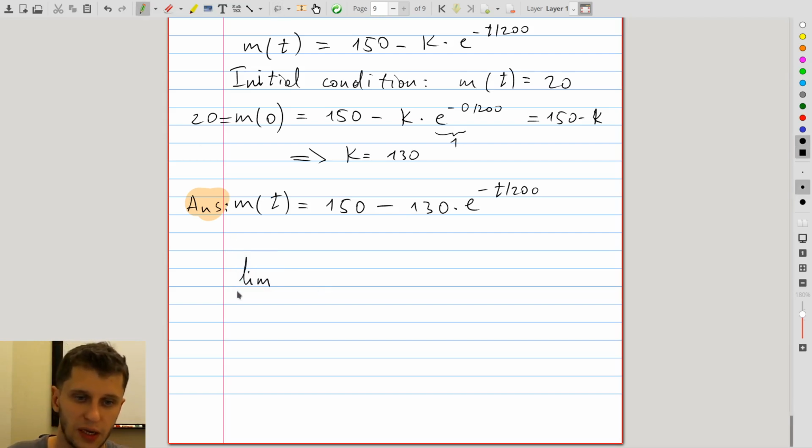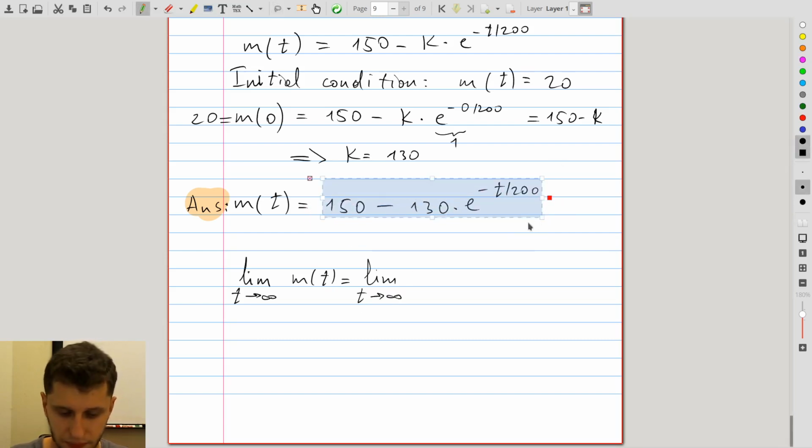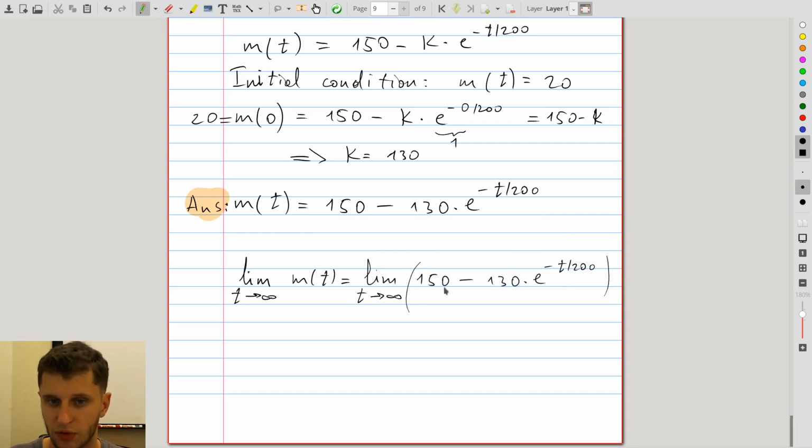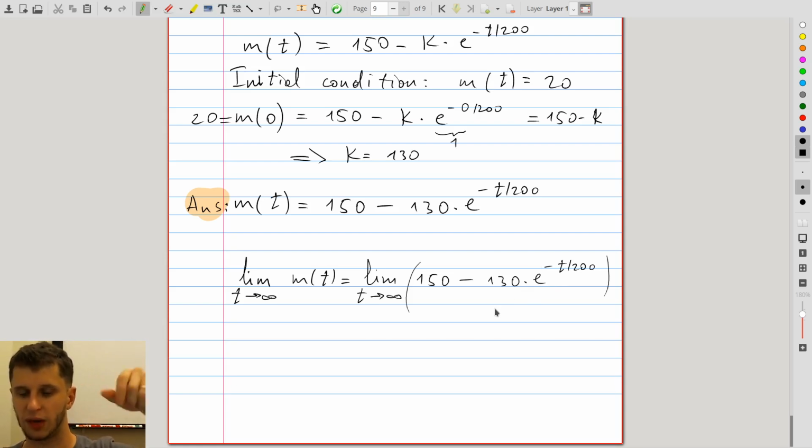And so the limit when t goes to infinity of this function is going to be the limit of the expression I have here, which is, well, nothing, of course, happens to the constant. And here I have, again, exponential to a negative constant times t.